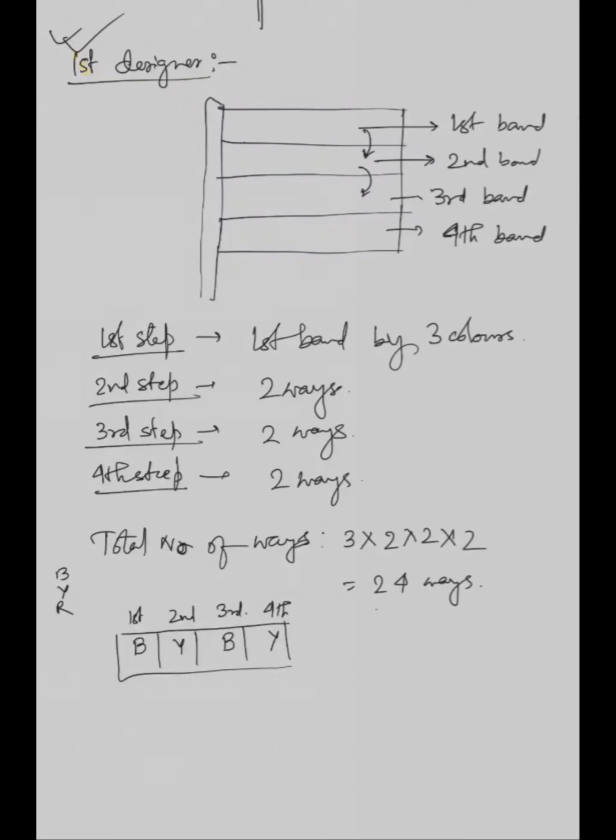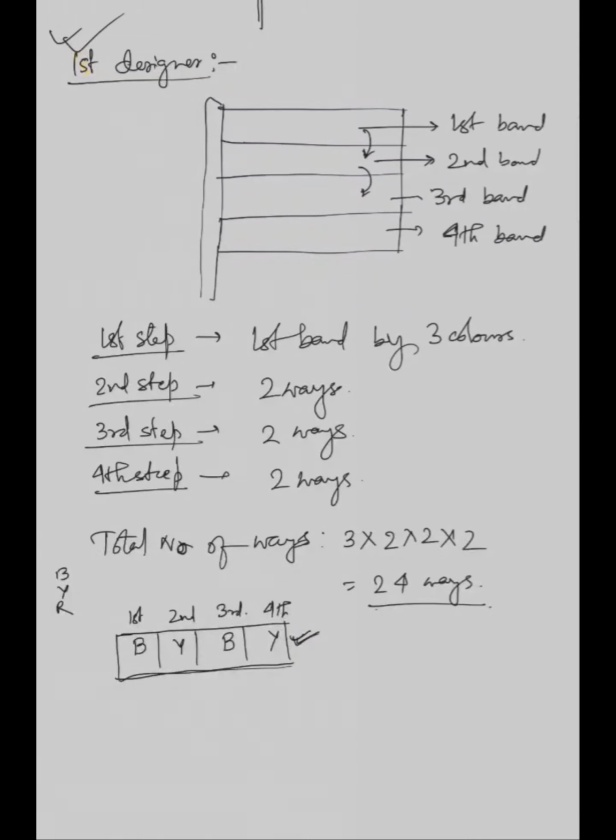But three colors must be there, and another color can be repeated. You have to keep three colors in this band. So obviously this is overcounting. This possibility should not come, but you have counted this possibility.